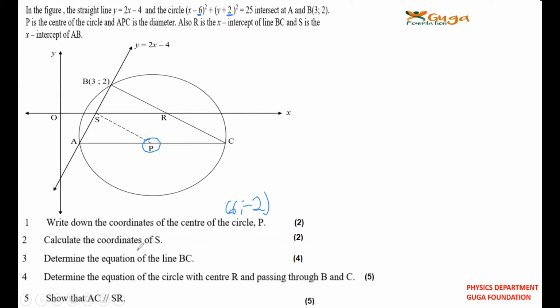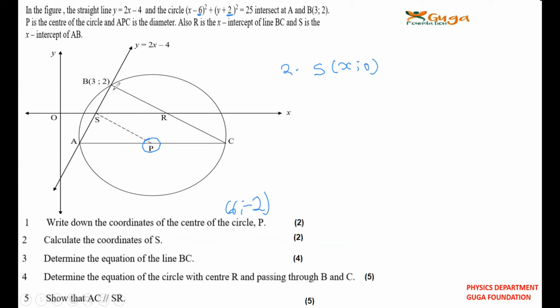Now they say write down the coordinates of S. So here at S, number 2, the coordinate of S is given by: at the x-axis, y is 0.